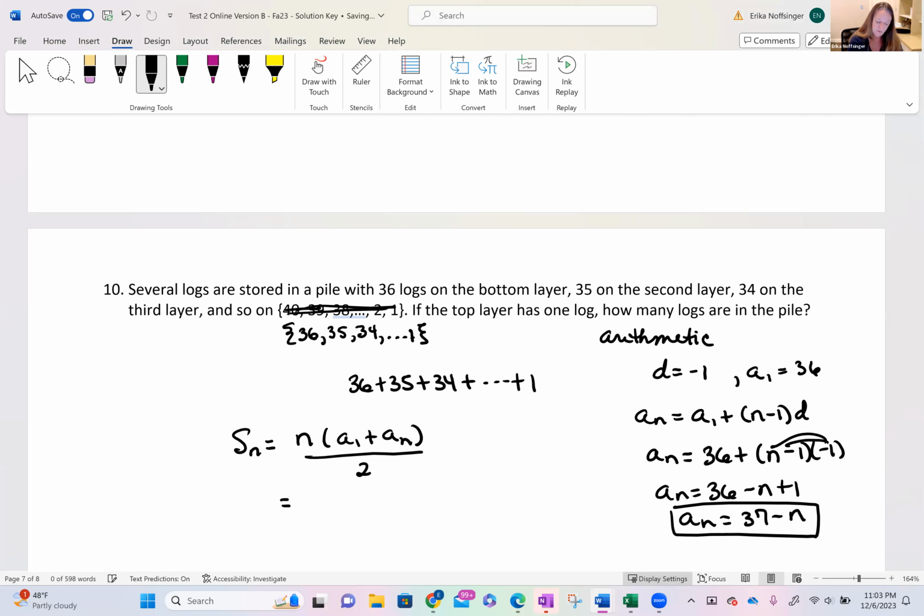Well, we need to figure out what n is, how many terms we're summing. In this case, we have up to 36. Oh, well, I know n is 36 then.